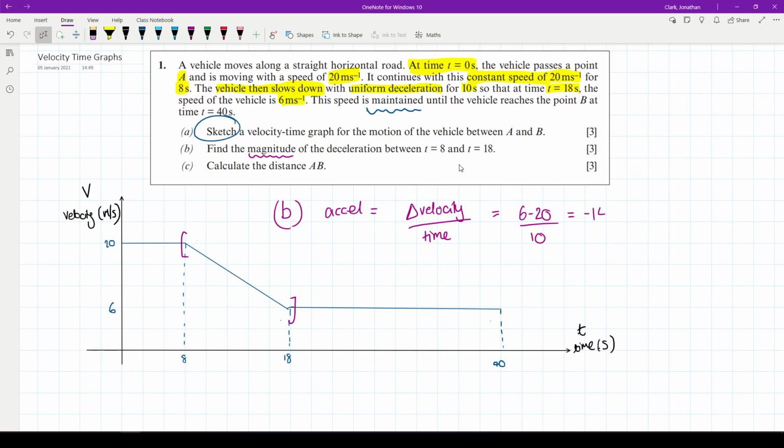This is going to work out as minus 14 over 10, which is minus 1.4. The unit for acceleration is meters per second squared. And because it said the magnitude of deceleration, I can ignore the minus sign. Magnitude of the deceleration is 1.4.